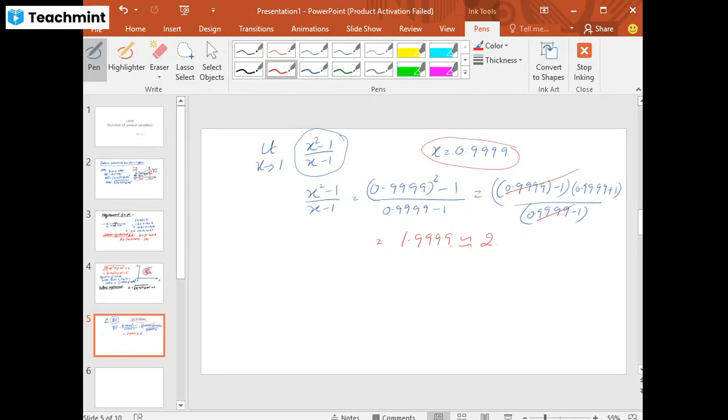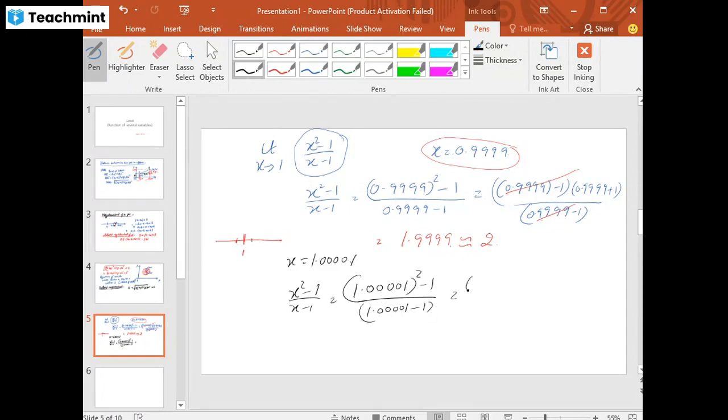Okay. On the other hand, instead of the left limit, I can consider the right limit, because when we consider the real line, then the neighborhood of a point either lies in the right hand side or in the left hand side only. These are the only two possible neighborhood of a point. So if I choose x equal to 1.00001, this is also the neighborhood of a point. If I substitute here, then x square minus 1 upon x minus 1 means 1.00001 whole square minus 1 upon 1.00001 minus 1.